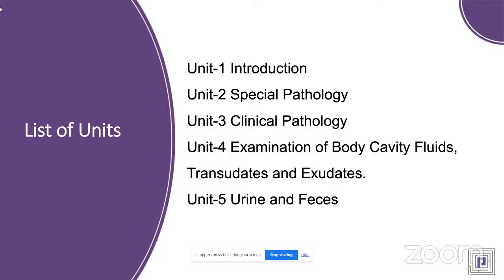First is introduction, second special pathology, and third unit is clinical pathology. Fourth unit is examination of the body cavity fluids and transudates and exudates, and fifth unit is urine and feces. So let us discuss the first unit topics.